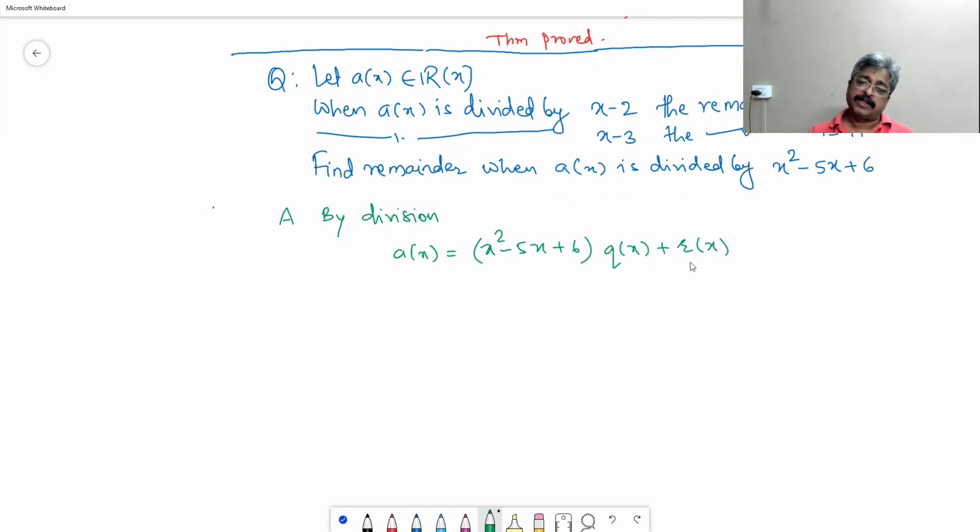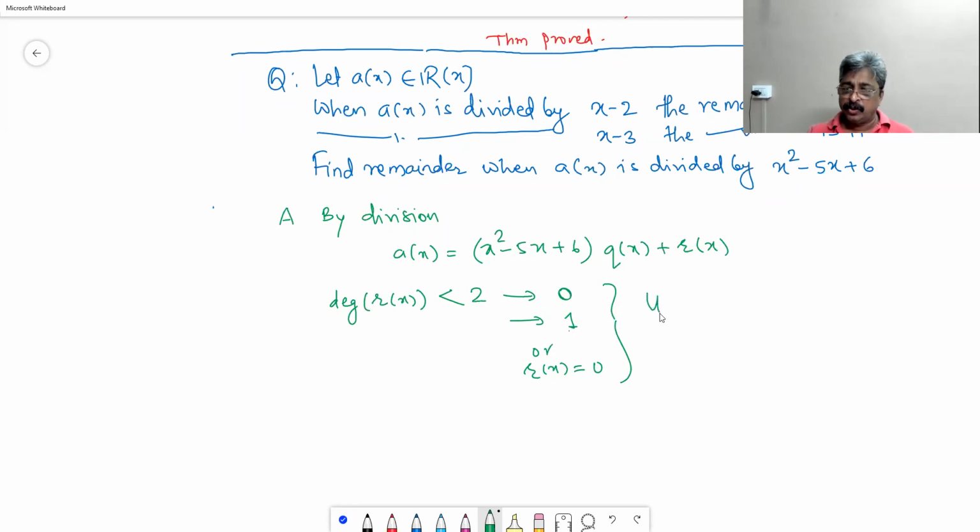Now, division algorithm says r of x can have degree 1 or 0, or it could be 0 polynomial. So, degree of r of x is less than 2. So, it could be 0, it could be 1, or r of x is equal to 0. Three cases.